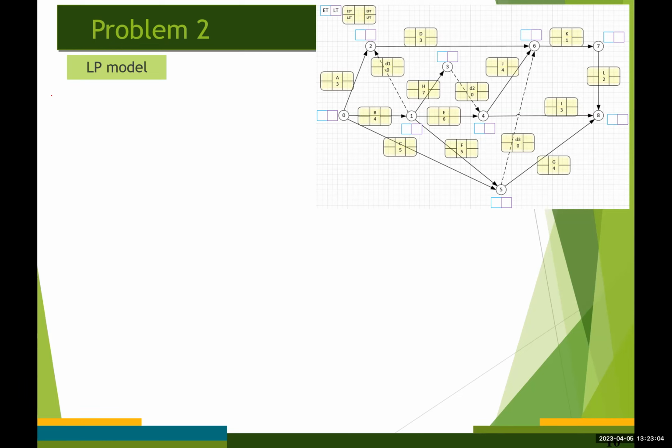So that's going to be maximizing four times x01, right? And then 3 times x02.